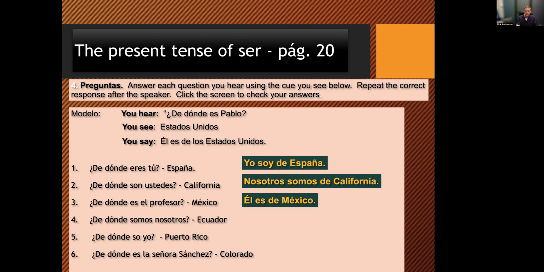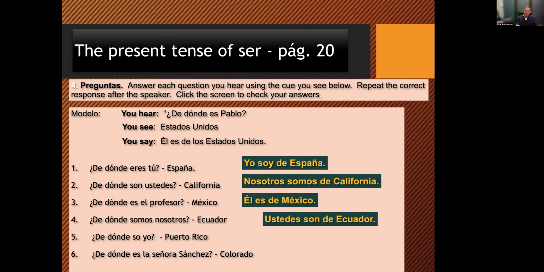Él es de México. You could also say el profesor es de México if you wanted to. 4. ¿De dónde somos nosotros? Ustedes son del Ecuador. 5. ¿De dónde soy yo?